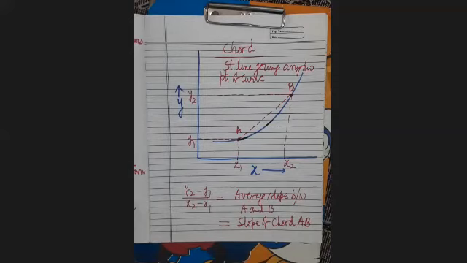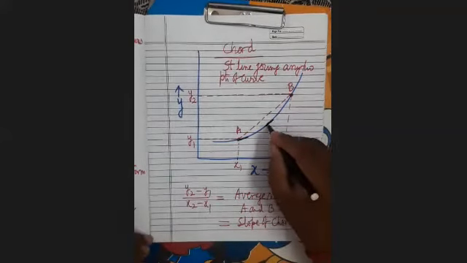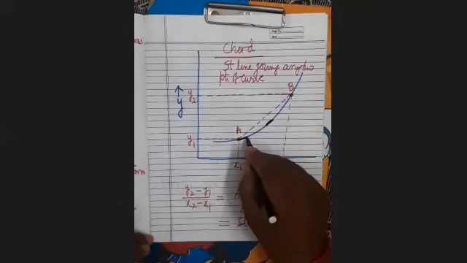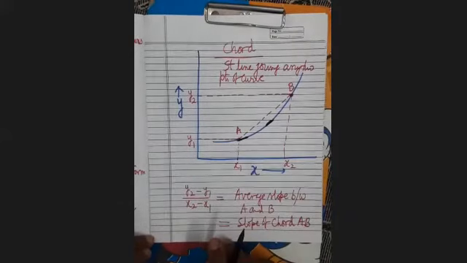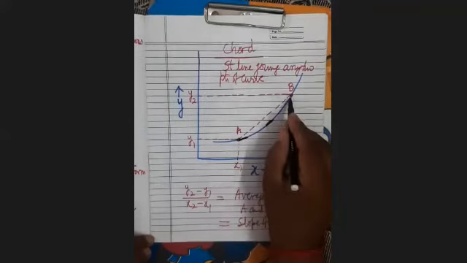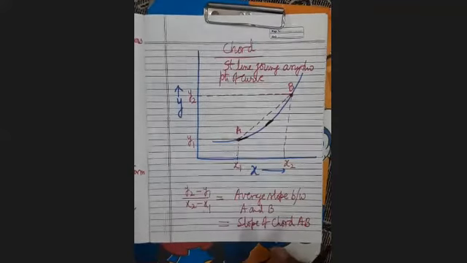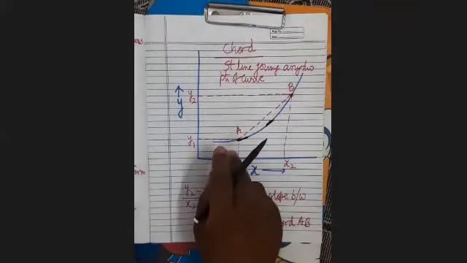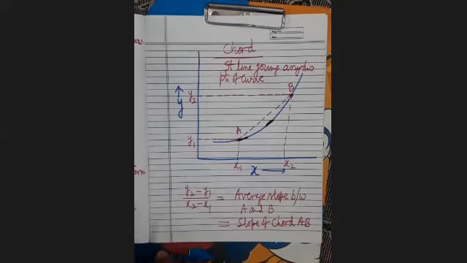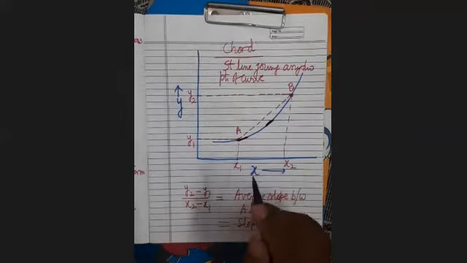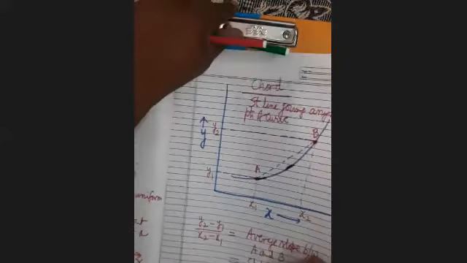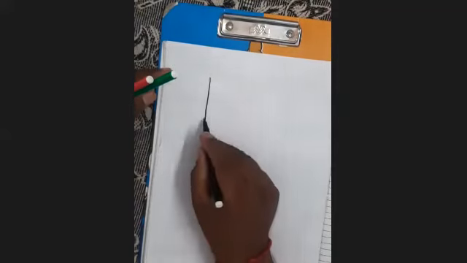So if you take point B infinitesimally close to A, infinitesimally close means very, very close.